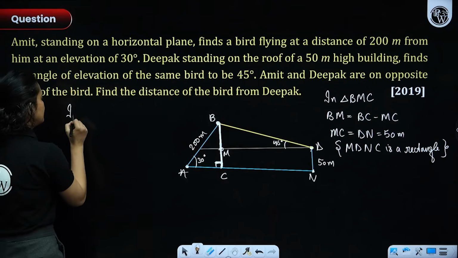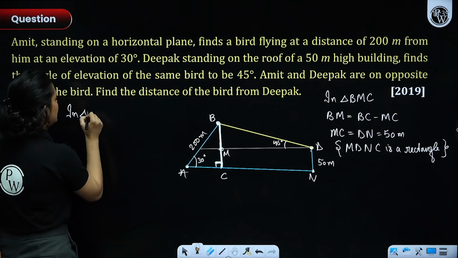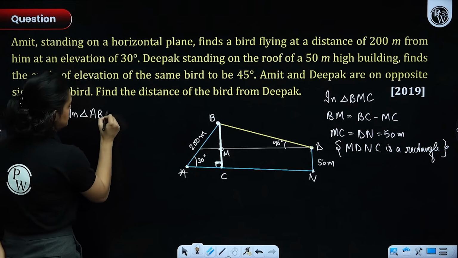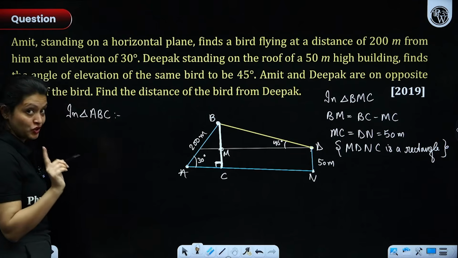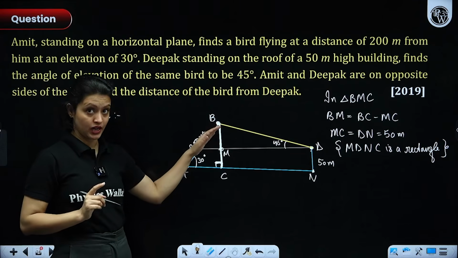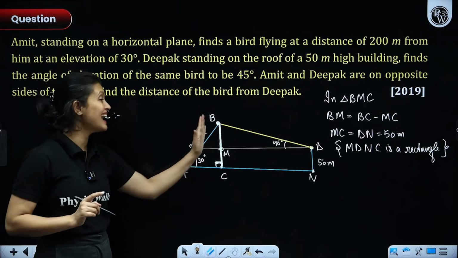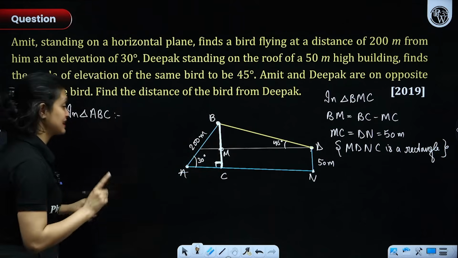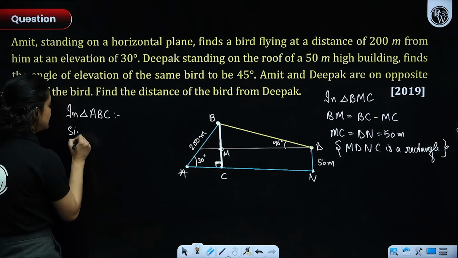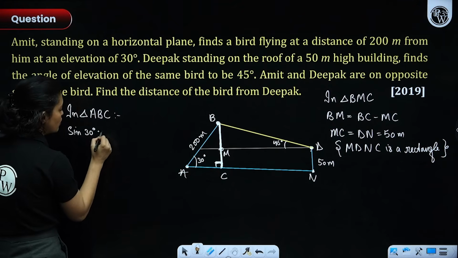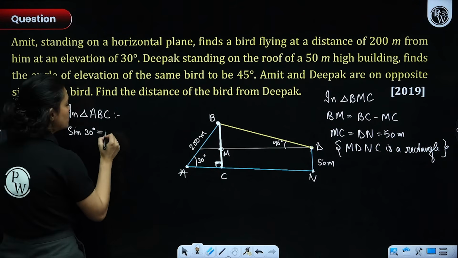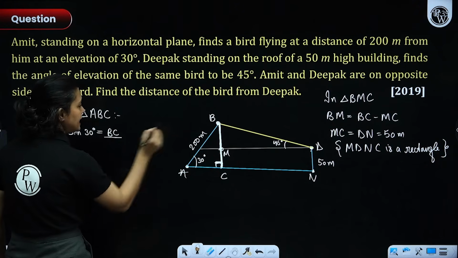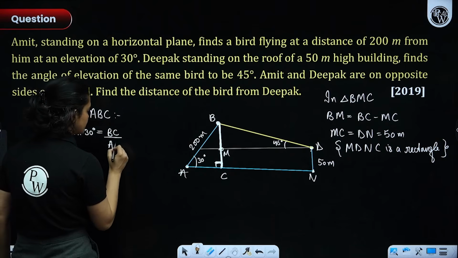In triangle ABC, what ratio am I going to use? I know the hypotenuse, I need the perpendicular, so I will use sine. So sine 30 degrees is equals to what? It would be equals to opposite or perpendicular divided by hypotenuse.